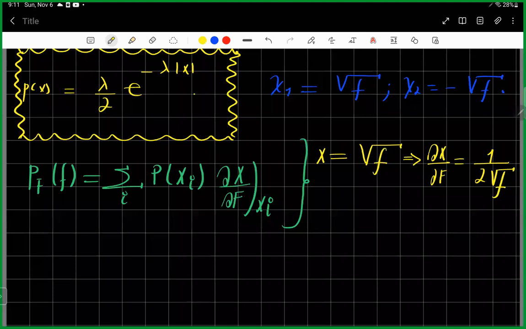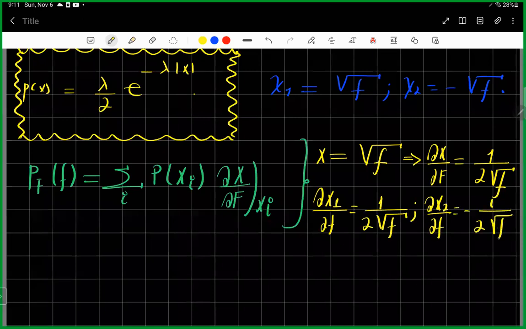Okay, very good. So what we have to do here is to then derive at xi each of these guys that we have here. So for instance, the derivative of x1 with respect to f is equal to 1 over 2 square root of f, and the derivative of x2 with respect to f is minus 1 over 2 square root of f.